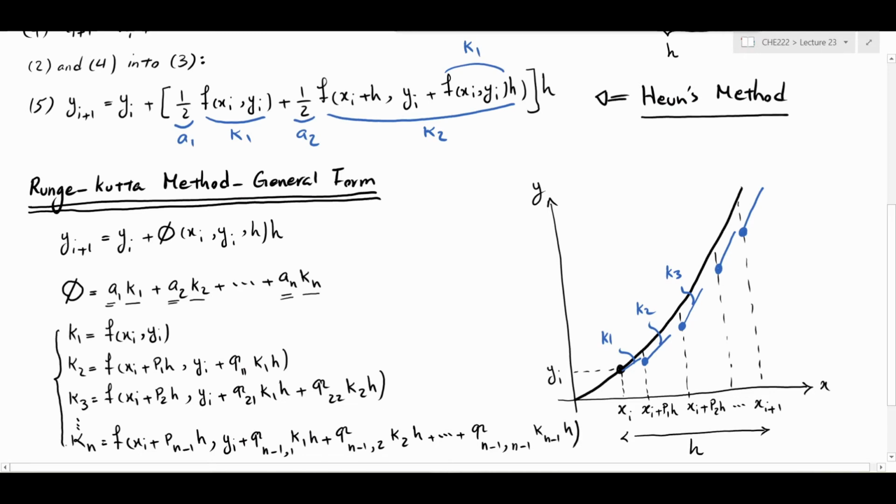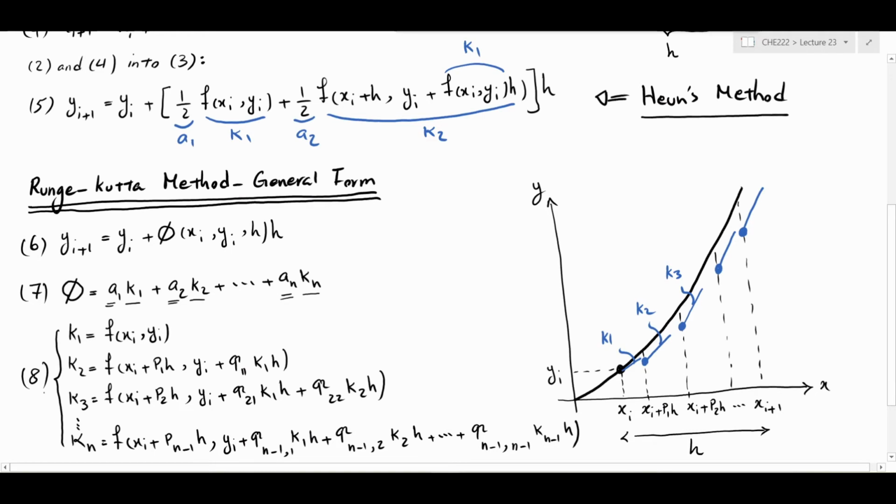If I number these equations, this will be equation 6, 7, and this set of equations that gives us the values of k1 to kn, I'm just going to call equation 8.